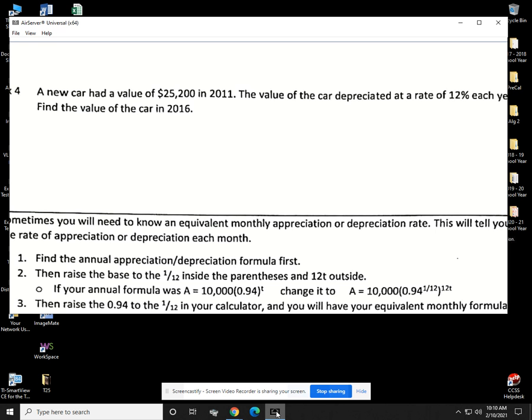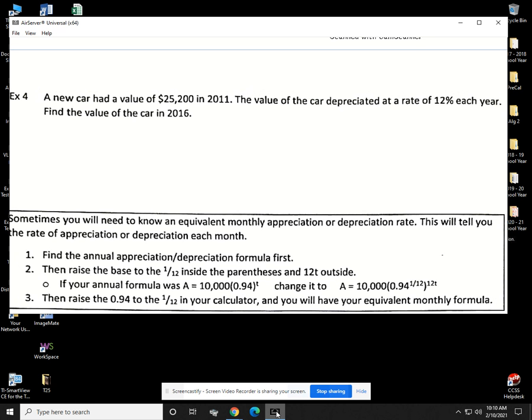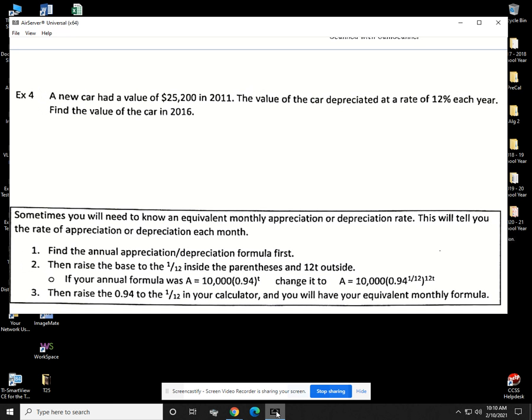Look at the next question on the back. We're going to stop with this because we're not going to do monthly today. It says a new car had a value of $25,200 in 2011. The value of the car depreciated at a rate of 12% each year. Find the value of the car in 2016. Okay, first, what's the first important piece of information? 25,200. That's the value, the P, the principal amount.